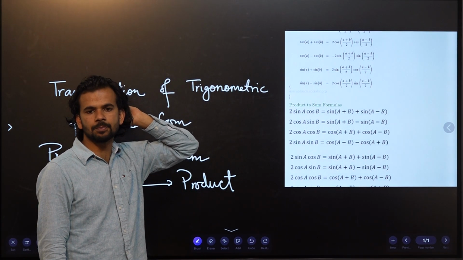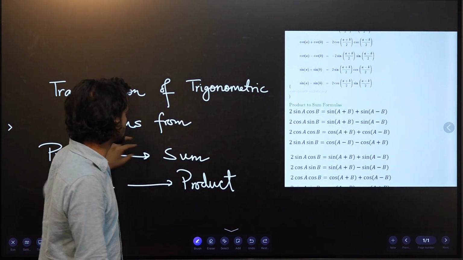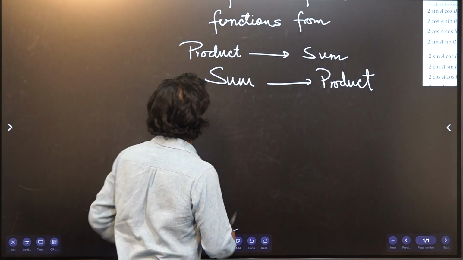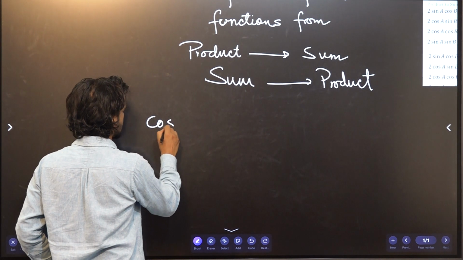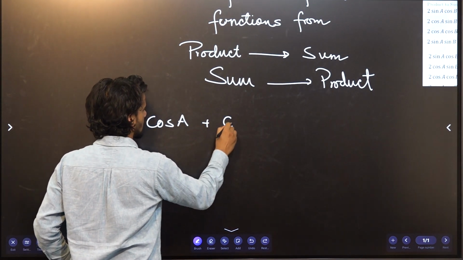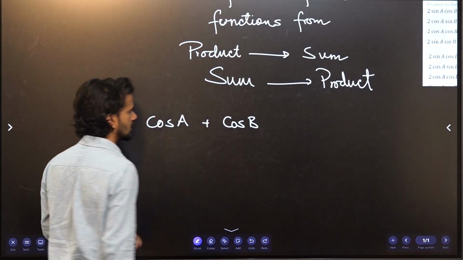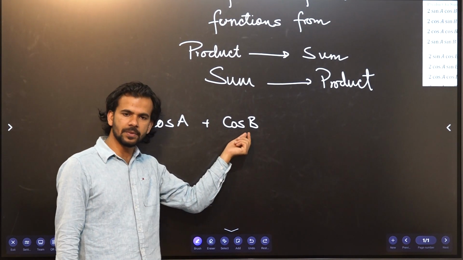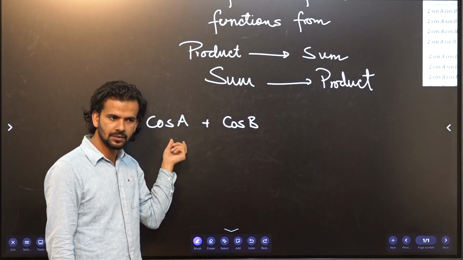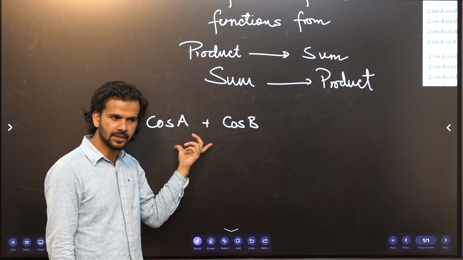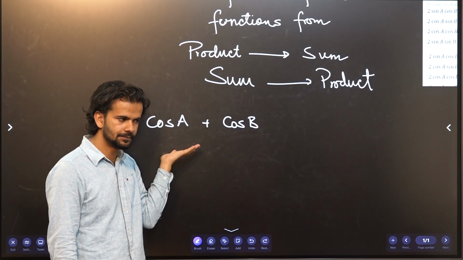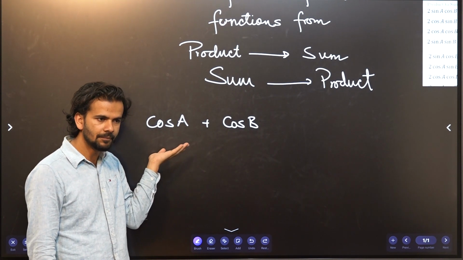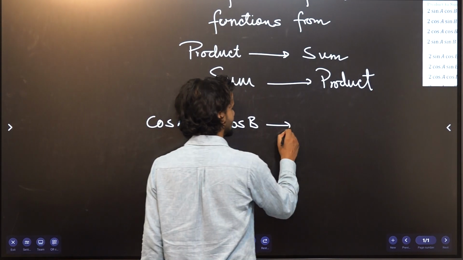If you have an expression, let's say cos A plus cos B, what is this expression? It's a sum, right?